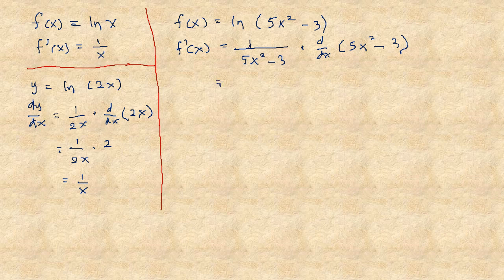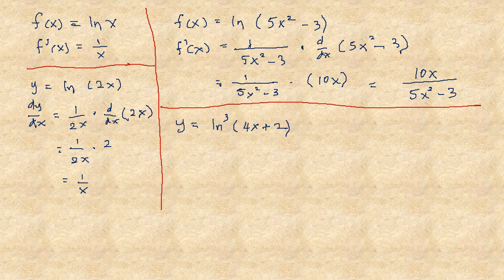So we will get 1 over 5x squared minus 3 multiply by differentiate 5x squared minus 3. Differentiate 5x squared, we get 10x, differentiate 3, 0. So our answer is 10x divided by 5x squared minus 3.